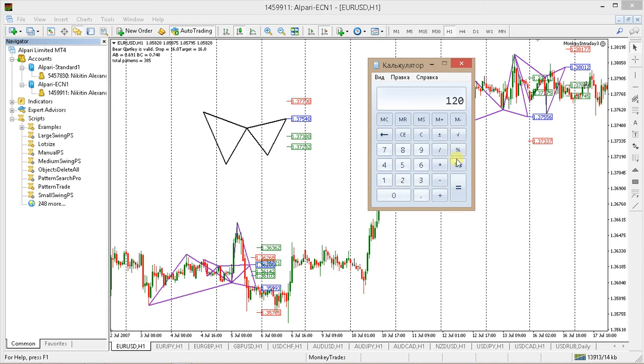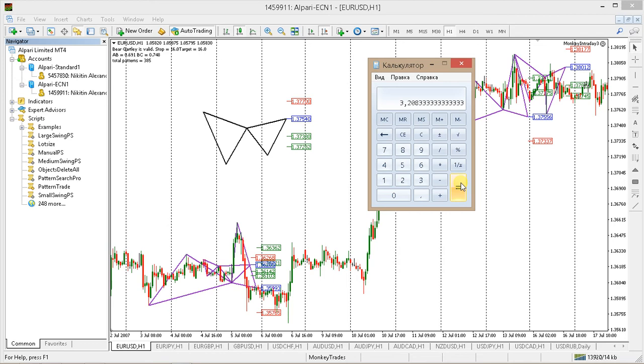If we divide 385 by 120 months, you'll have at least 3 patterns on 1 hour, only 1 hour. I'm not talking about 15 minutes, I'm not talking about 4 hours. On one pair you will have about 3 patterns. 2 of them will be winners and 1 of them will be a loser, something like that.